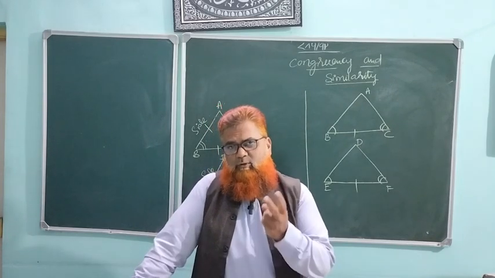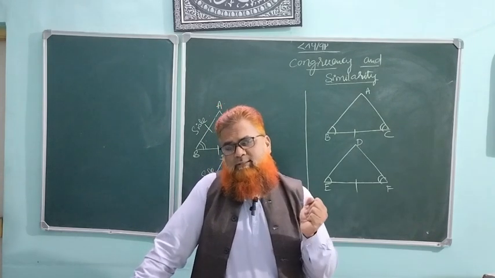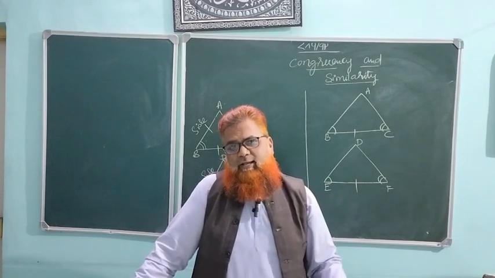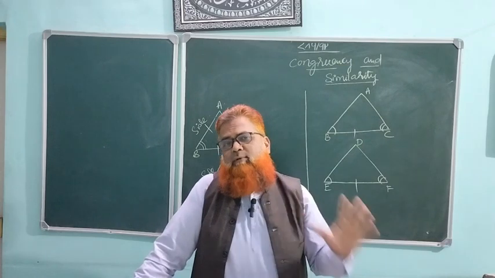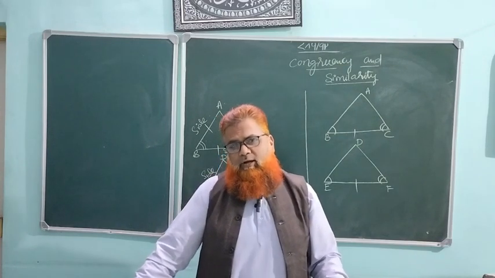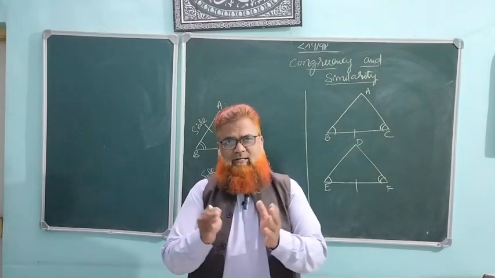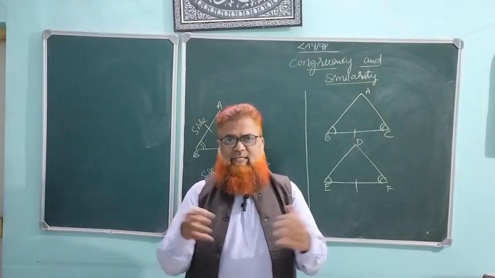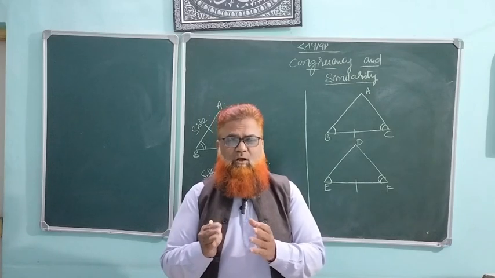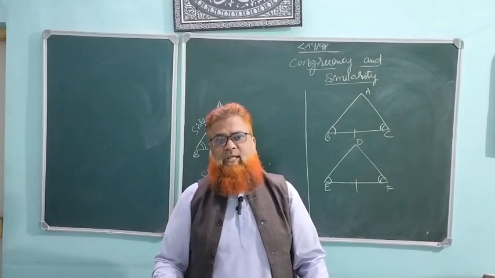Congruency means when you take any two triangles, their corresponding angles and their corresponding sides must be equal. If they are equal in all aspects, relative to the sides and the angles, then we say that both the triangles are congruent to each other.